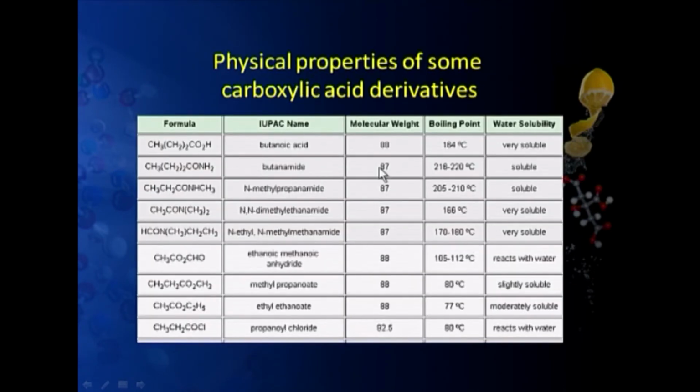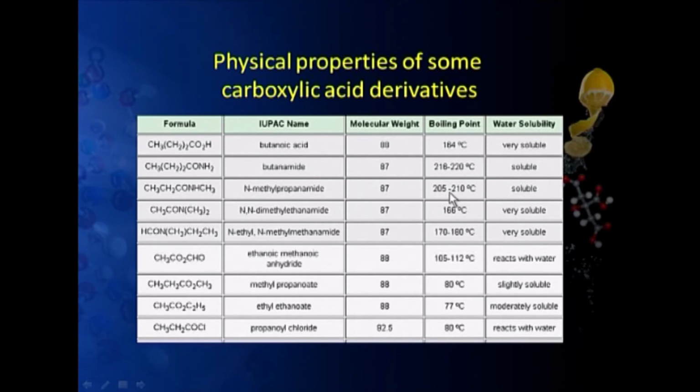This table gives some idea about the physical properties of compounds with comparable molecular mass. We have taken here a 4 carbon acid, butanoic acid, then the 4 carbon amide, butanamide, with a molecular mass very close to the acid, 87, and its boiling point is higher, it is 216 to 220. The reason being that it can form more intermolecular hydrogen bonding.